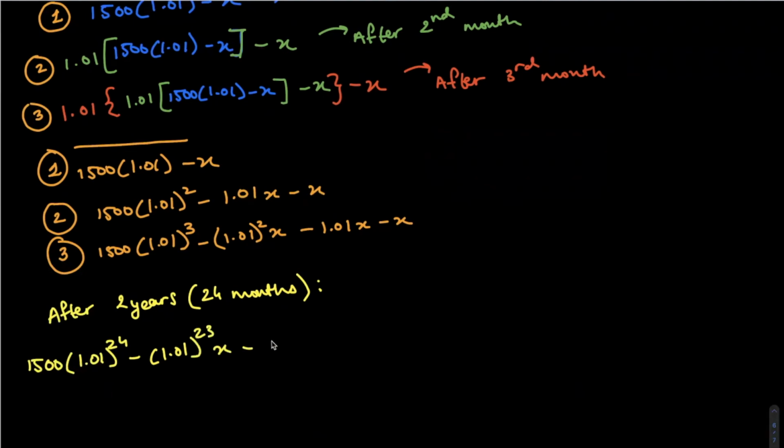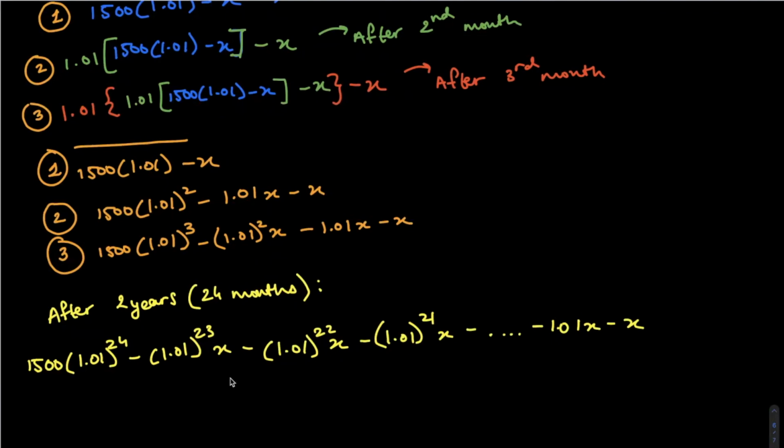Then I would have minus 1.01 raised to the power 22x, minus 1.01 raised to the power 21x, and I'm going to go all the way down to maybe 1.01x minus x, right? This is where it ends, correct?